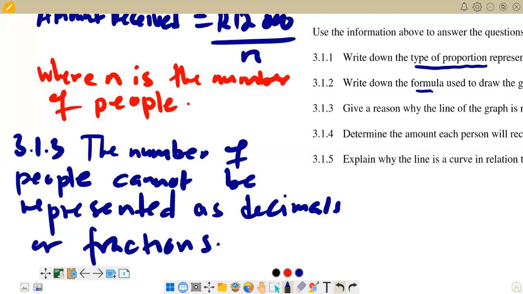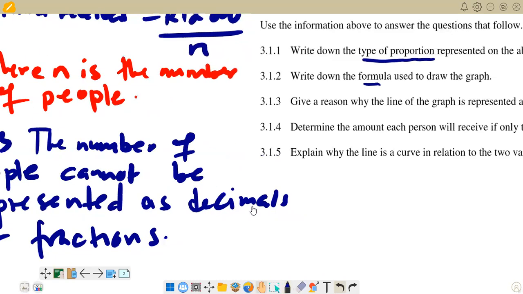So this is the reason why we are having a dotted line. So we can move on to the next question that we have there.